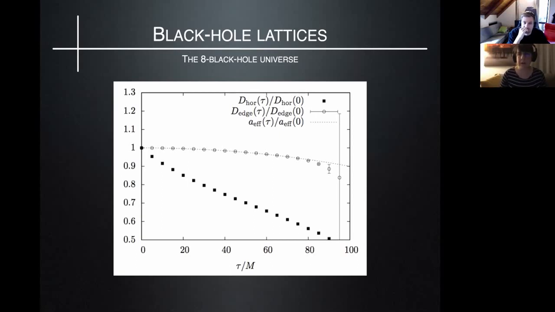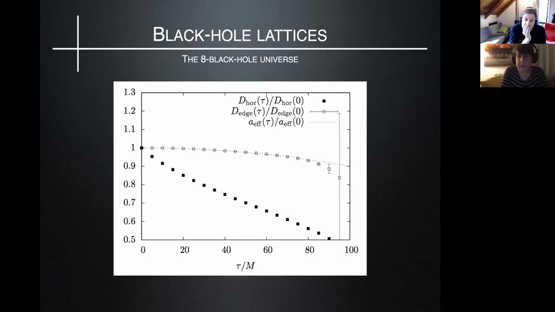We tried a different type of scale measurement, which was the distance between horizons, but that worked much worse. This would be the filled squares. And there are many reasons why that is the case, but essentially the horizons are not a very good place to measure global scale. They have their own internal dynamics that will get folded into the evolution of the whole space-time.